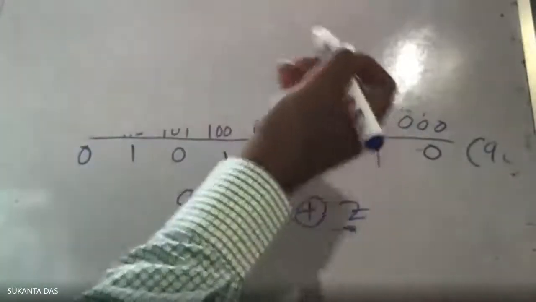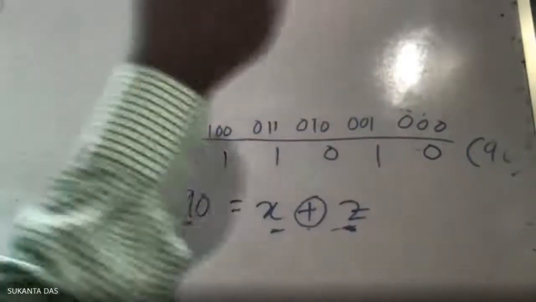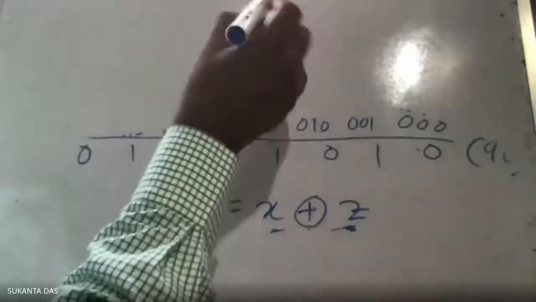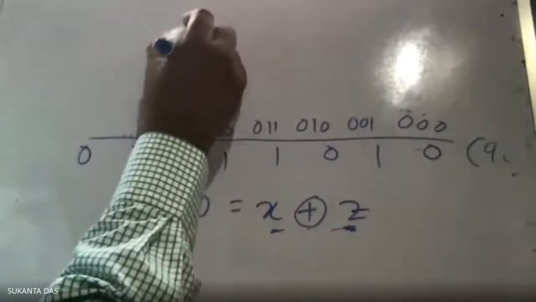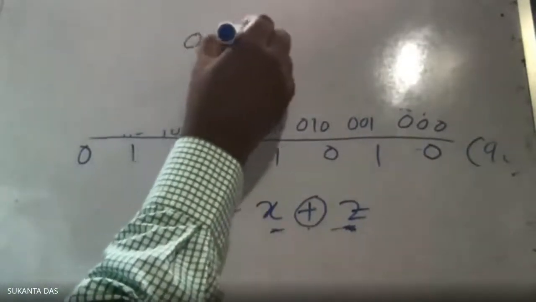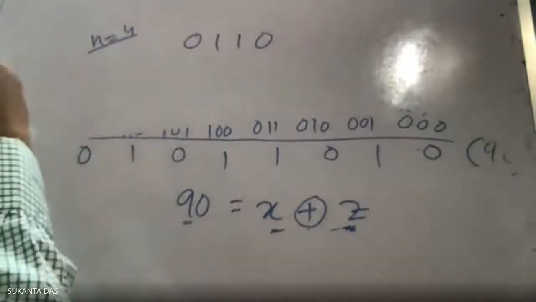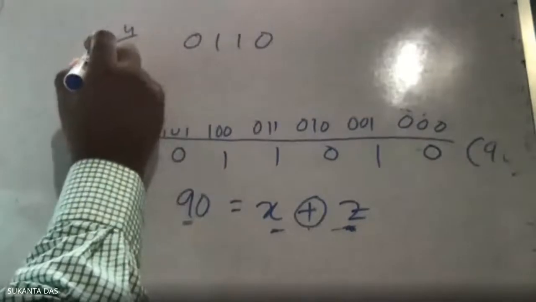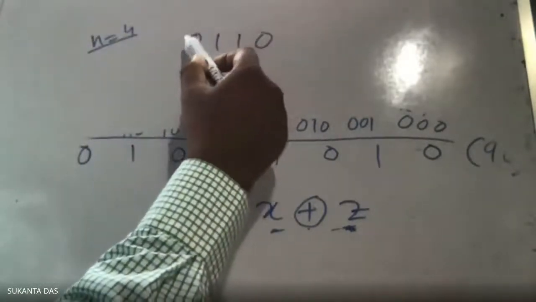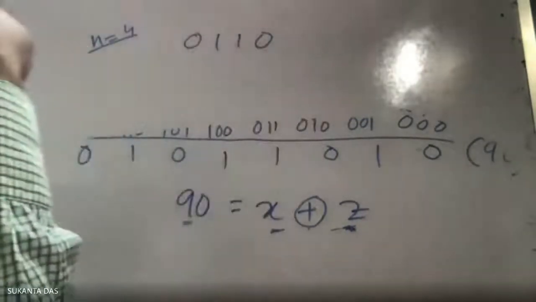In case of ECA 90, consider one configuration 0 1 1 0, so n equal to 4. What is the next configuration?